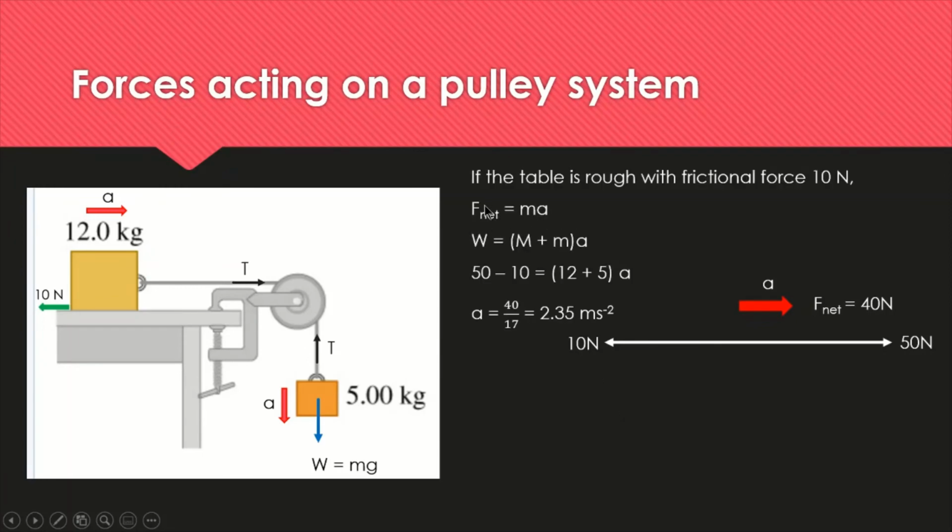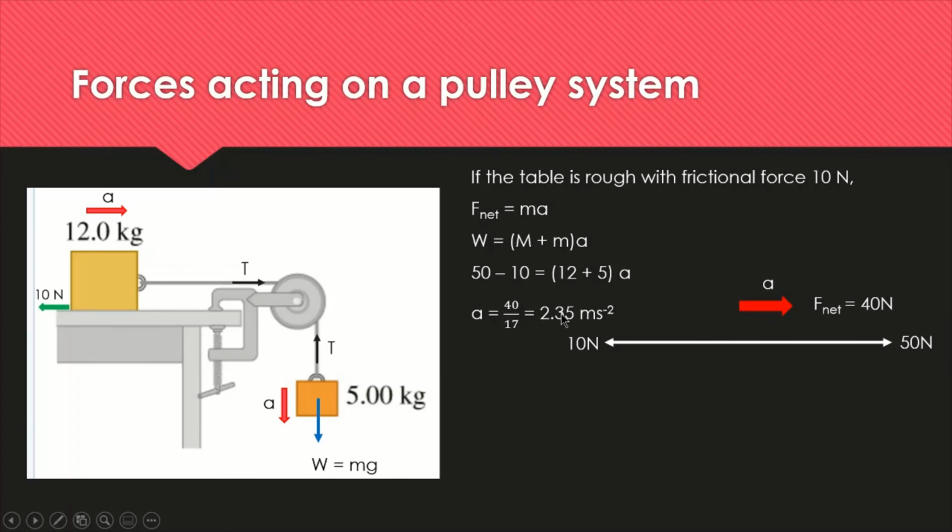So the net force will be our W minus the friction, right? So 50 minus 10 equals the mass of the two, so 12 plus 5, times the A. So from here we get A equals 2.35, which is lower than just now when the table was smooth.